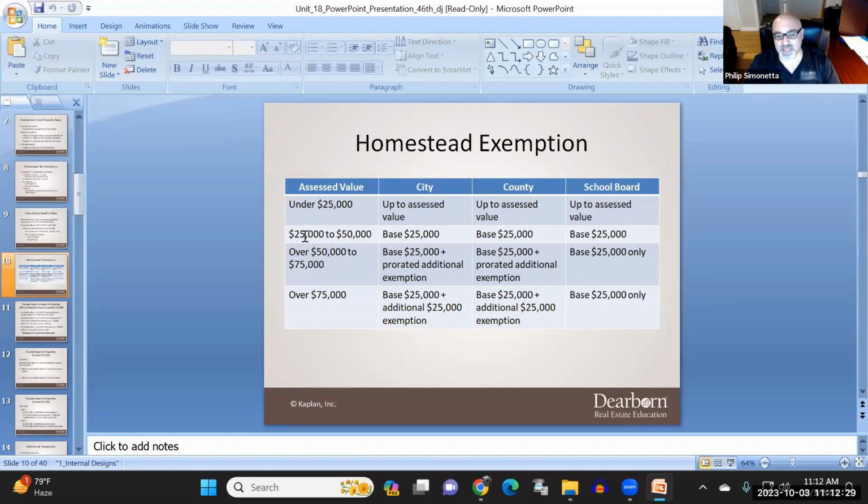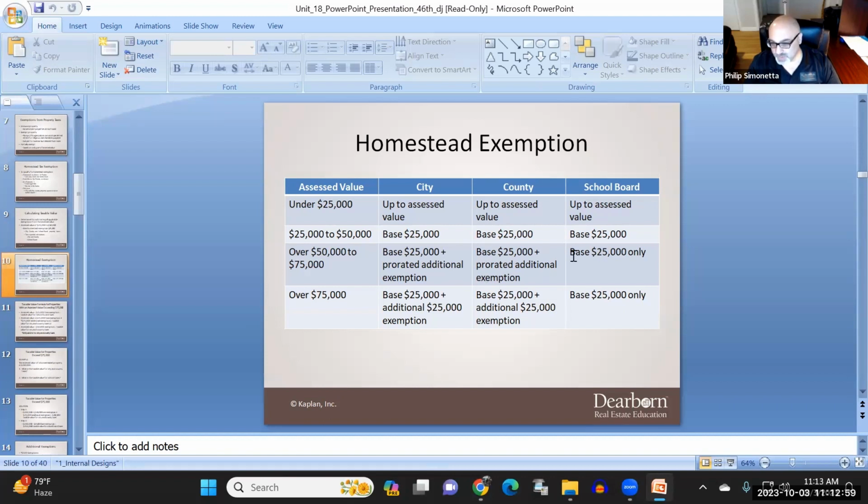Now, if the property value is 25 to 50, you get the 25, 25, and 25. That's the base, all the way across. Now, if the property is 50,000 to 75,000, you get the base 25 plus any prorated additional exemptions. We're going to talk about that in a minute. In the county, you get the base 25 and any prorated additional exemptions.